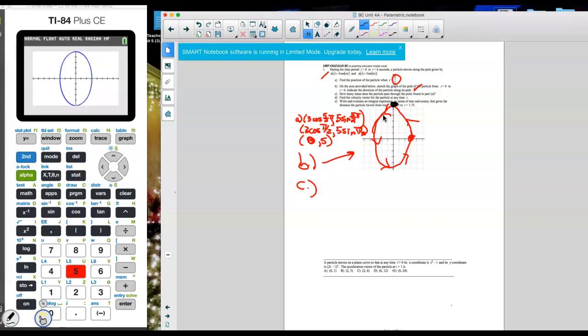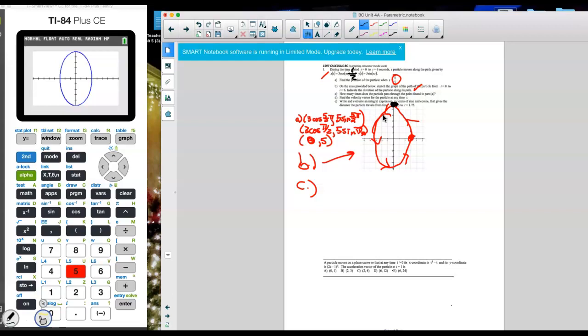When you go around here, you could trace it on your calculator if you want to, but the first time it's going to get up here is when t is a half, because then it'd be 3 cosine pi over 2, 5 sine pi over 2, correct? So when t is a half is the first time it passes through there, but we're doing it to 6. So it'll pass through there 3 times.